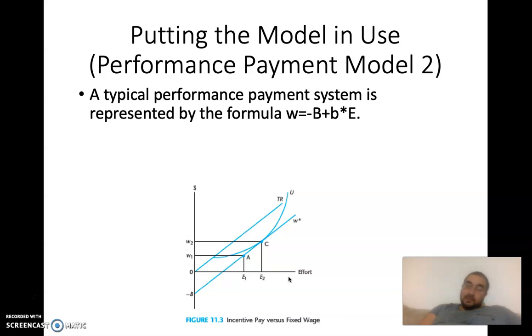In this case, wage is related to the performance, and as the effort level increases, the wage increases, basically. However, there is a difference between the wage paid at different effort levels compared with the total revenue that is earned at different effort levels.